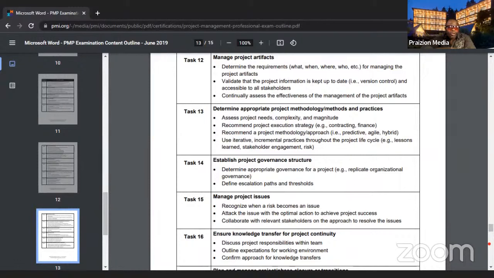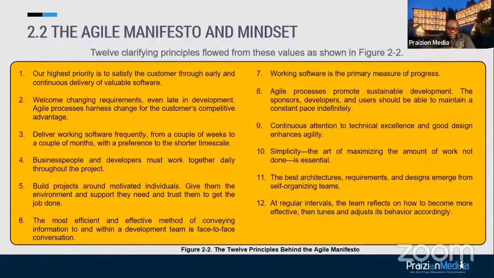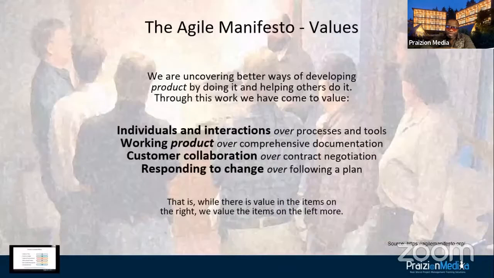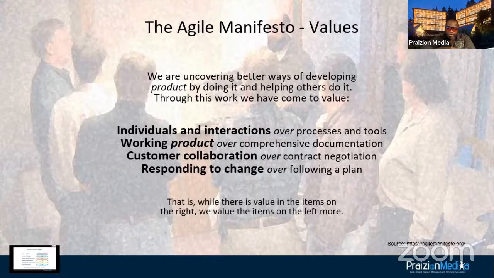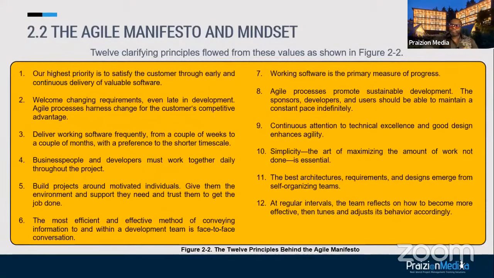Well, my friend, if you go to the manifesto, which of these makes you see things that way? Well, I can tell you this, it's definitely more like value number 2, having a working product over comprehensive documentation. And it's also number 1 in the principles. Our highest priority is to satisfy the customer through early and continuous delivery of valuable software.